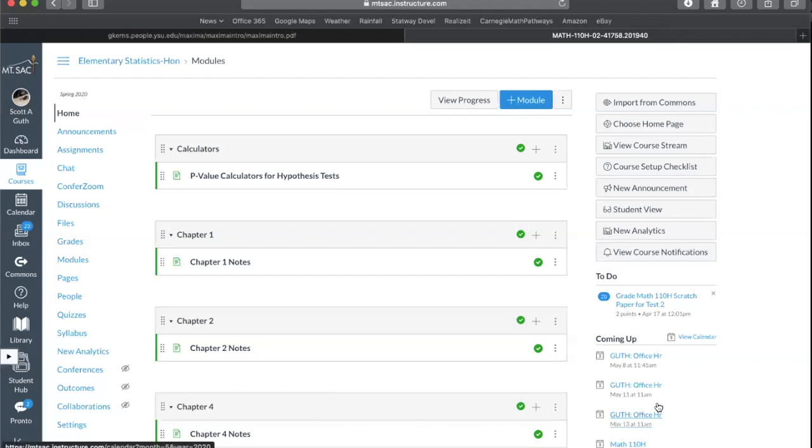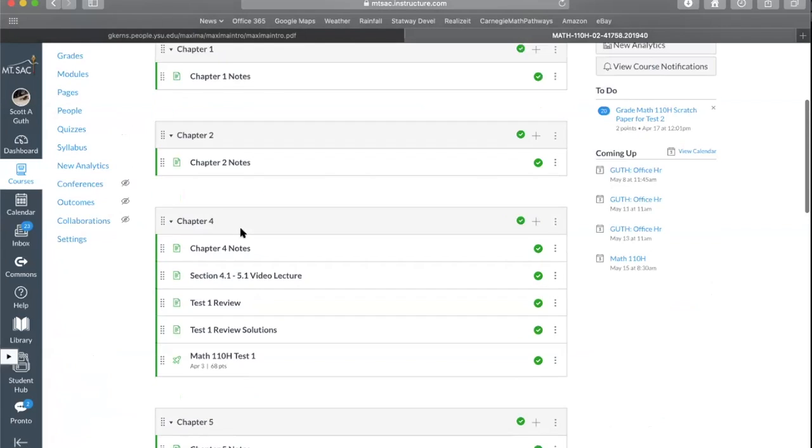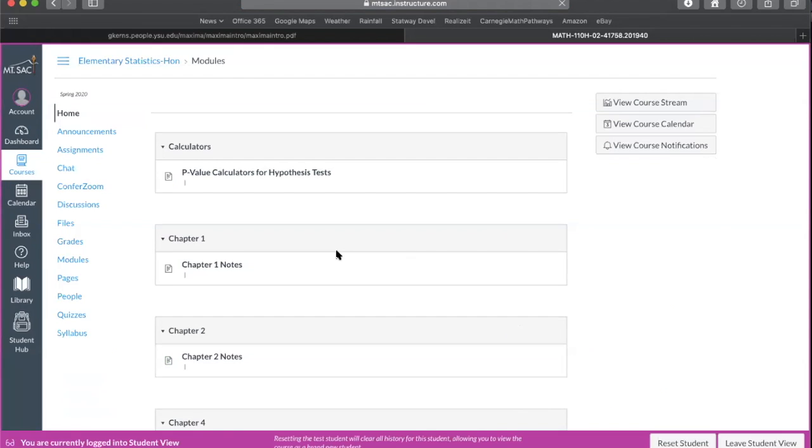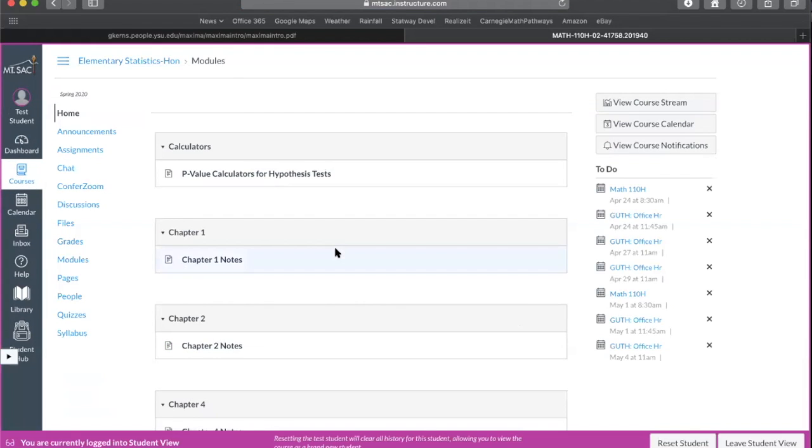I think you're seeing this now. Okay, so this is my Canvas page. Sort of looks like yours. I'm hoping the first thing you see when you log in, let's see, the student view. Yeah, sort of like that. So the first thing you see is the p-value calculator page.